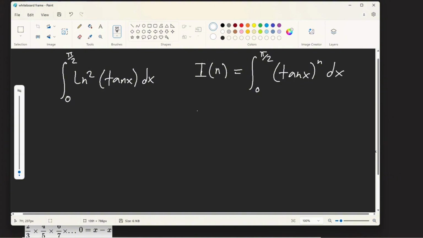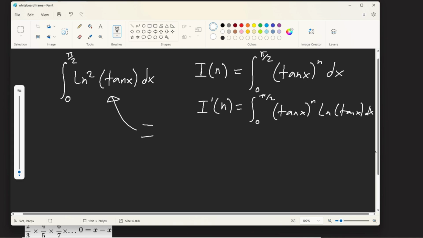The reason we do this is because if you derive it with respect to n, then you get ln of tangent of x. And then you'll notice that this is technically the double derivative of I of n at 0. And then you just solve for this.